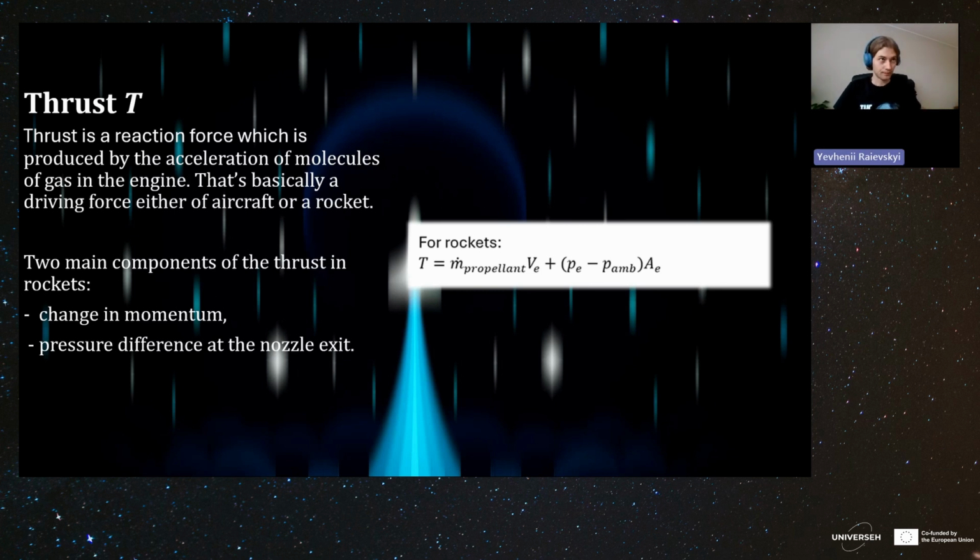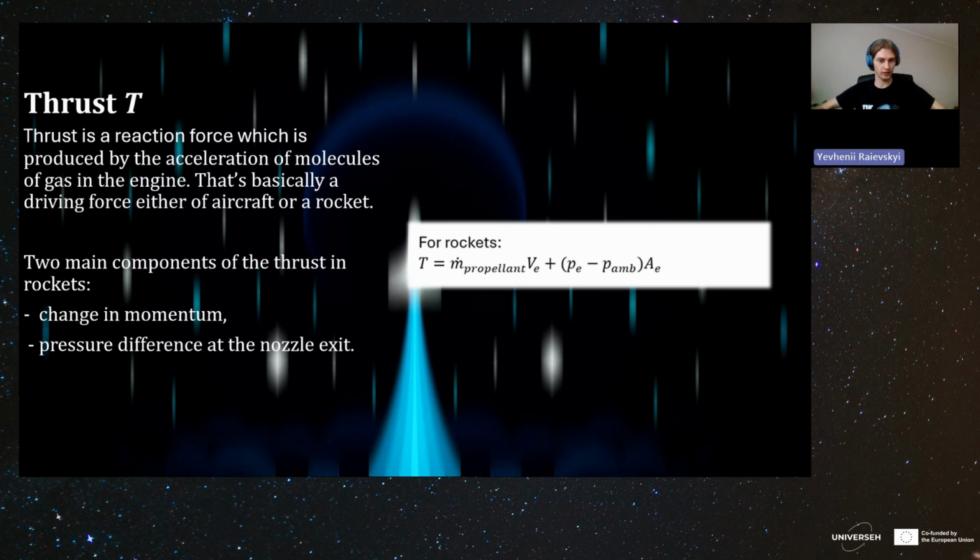And of course, when the rocket is beyond the atmosphere, in almost vacuum, the ambient pressure, so the pressure outside of the rocket, is very low. So this pressure difference is at the highest point in the vacuum.